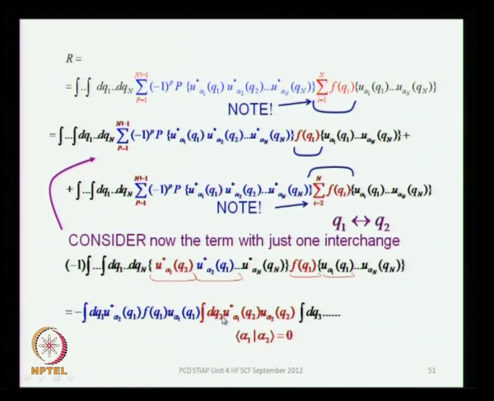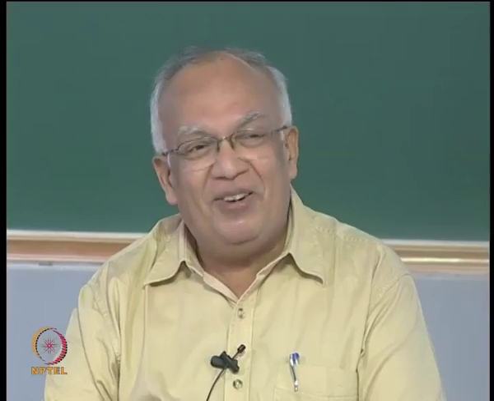Integration over q2 will involve u alpha 1 star q2, and then you will have u alpha 2 q2, but then this integration will vanish, because alpha 1 and alpha 2 are orthogonal states. So, it does not matter what is the value of this integral, you are going to take some number and multiply it by 0. The result is 0 even in atomic physics, right. You cannot help it, right.